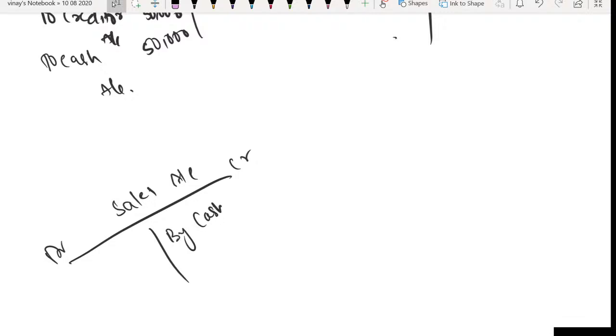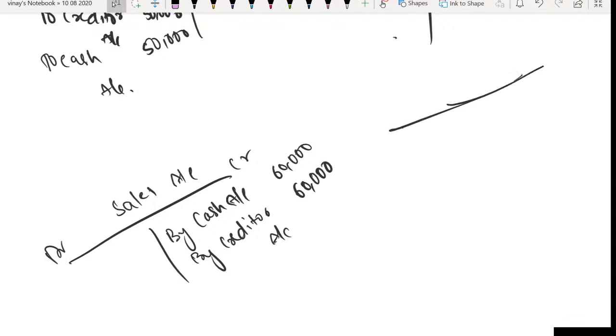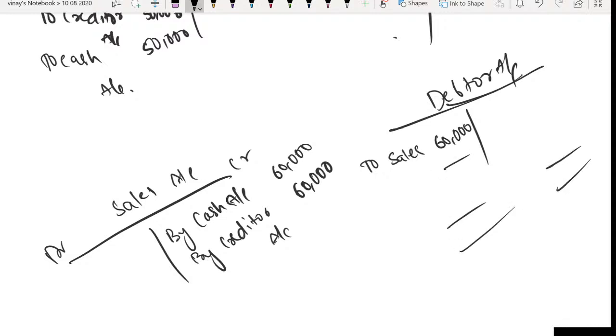So on the credit side of sales account, by cash 60,000, by debtor account 60,000, and you should also prepare the debtor account. If you look at debtor was there on debit side, in the debtor account you will write to sales 60,000. So this is how we need to prepare from the ledger posting.